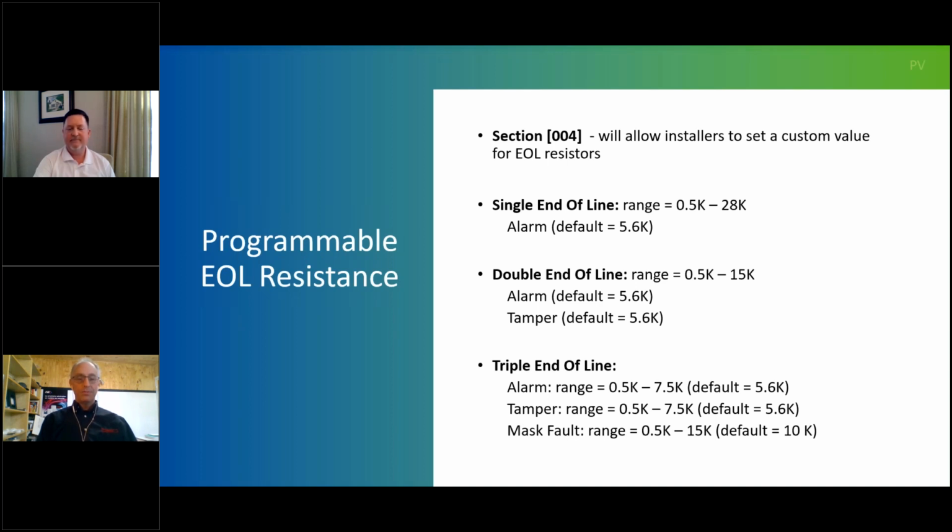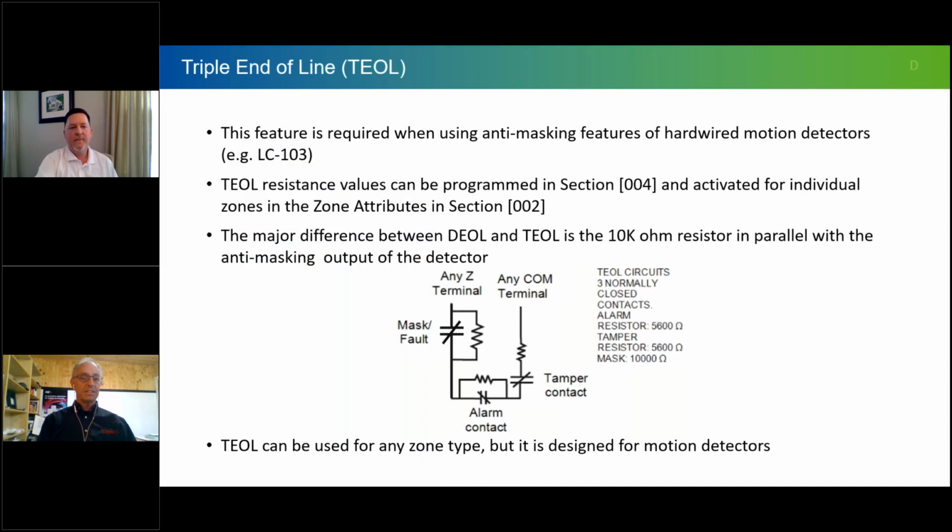For example, if you go single end of line and you hit a panel when you want to take over, which is something else between 0.5 and 28K, you can actually program that value in the panel. Same thing for double end of line and triple end of line. Triple end of line is a new feature of the Pro, which Dan will talk about in a second.